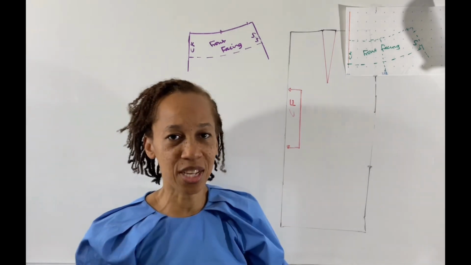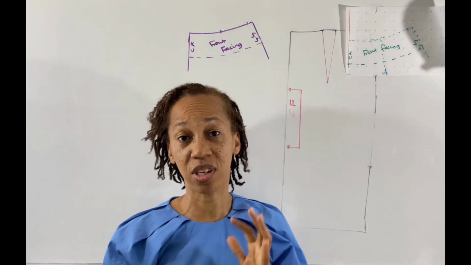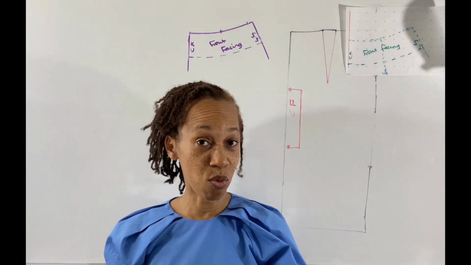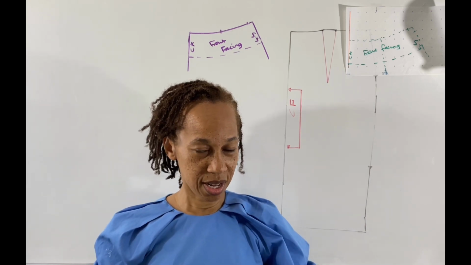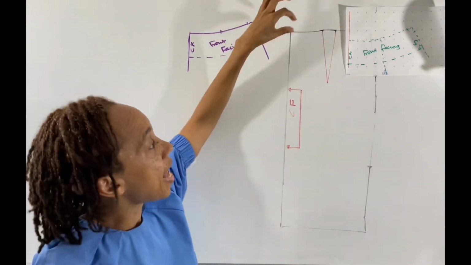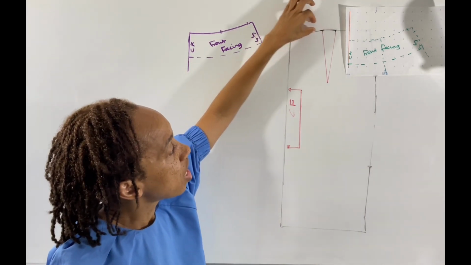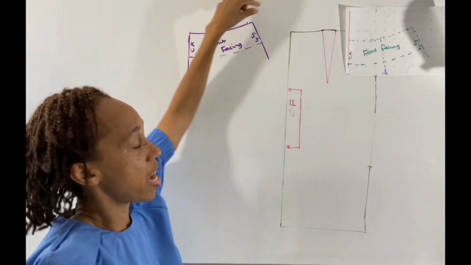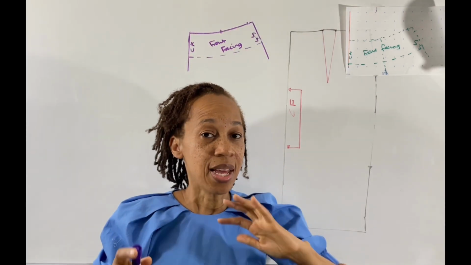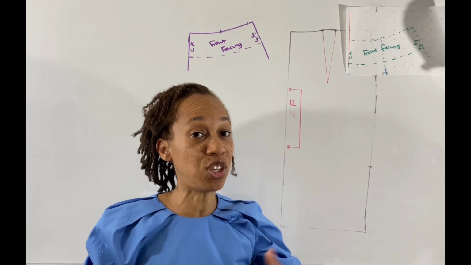Now one thing I must say to you is that when you are doing this, there is an optional part that you might want. If you want the waist not to hit you right at the waist and a little bit above, you can go ahead and add an extra 1/2 inch around the waist area there and a little 1/2 inch around here to bring it up a little bit. If you want to have a high waist, you can do the same thing.